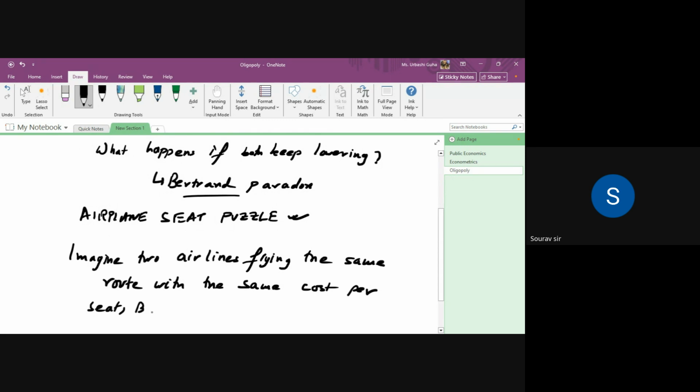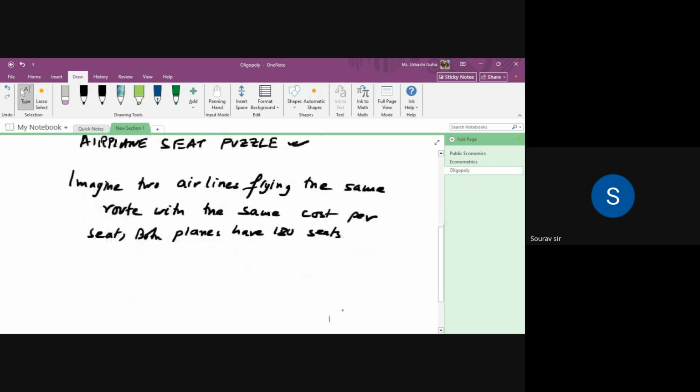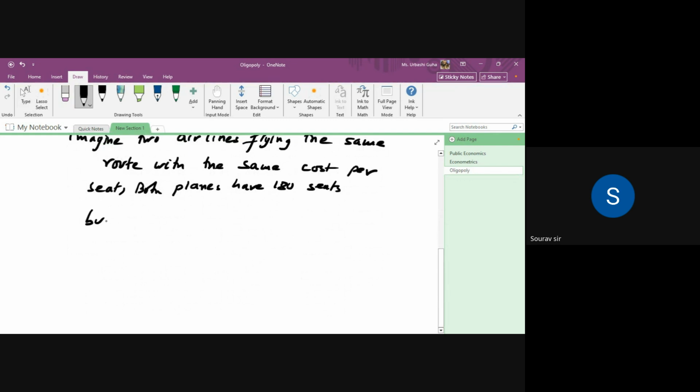Both planes, suppose, have 180 seats, but demand is for 250 passengers.